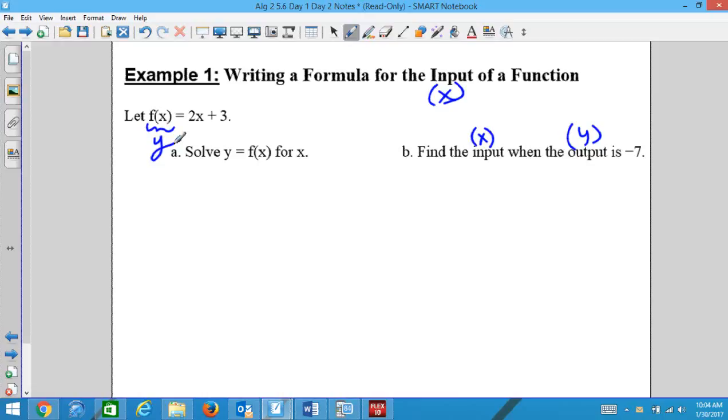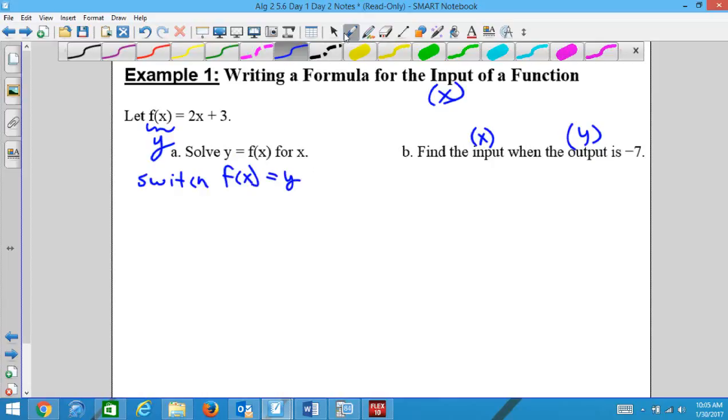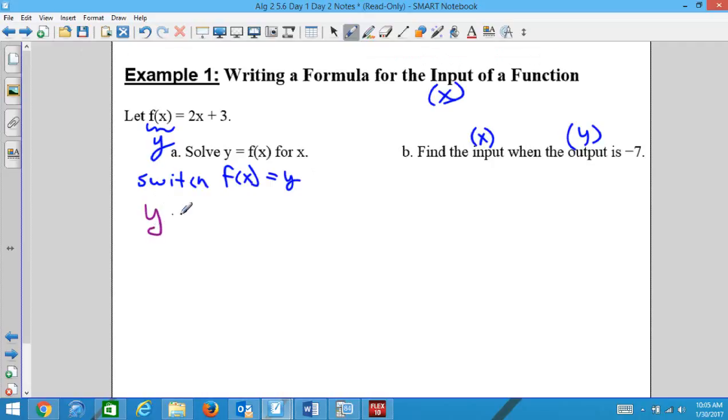So when we do step A, and we solve y equals f of x for x, the first thing that we want to do is change f of x and make it y. So I'm going to rewrite the equation: y equals 2x plus 3. So that's the first thing that we're going to do.